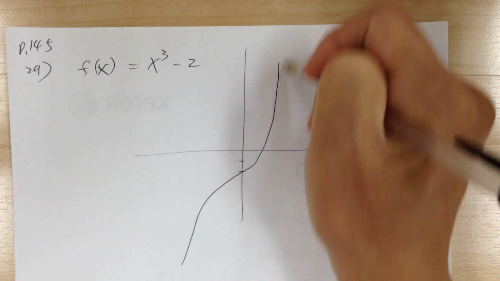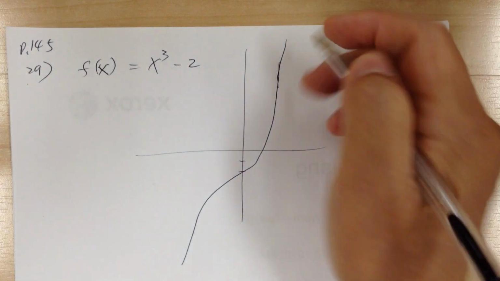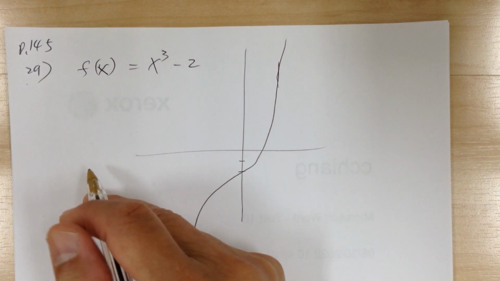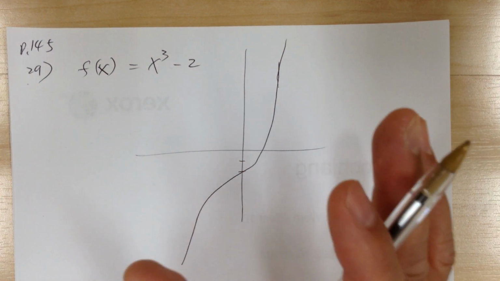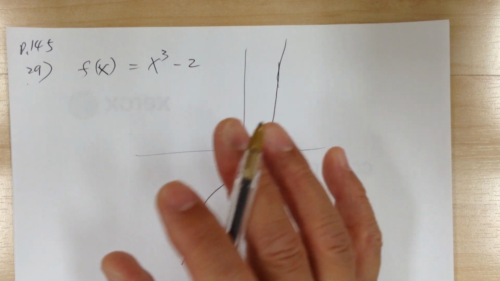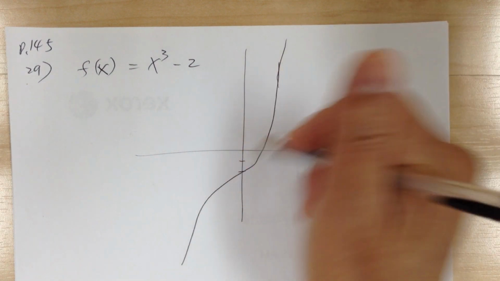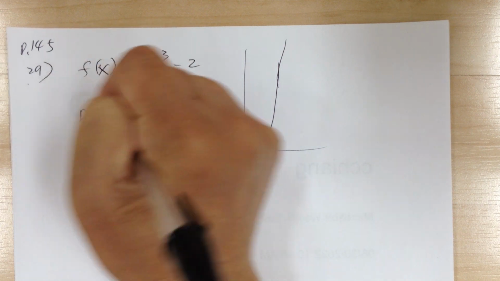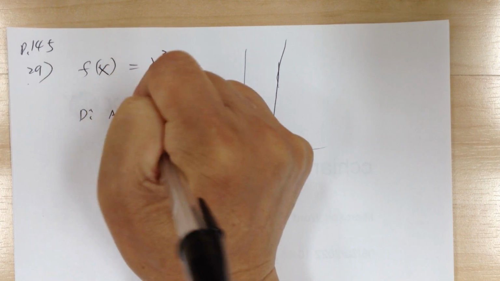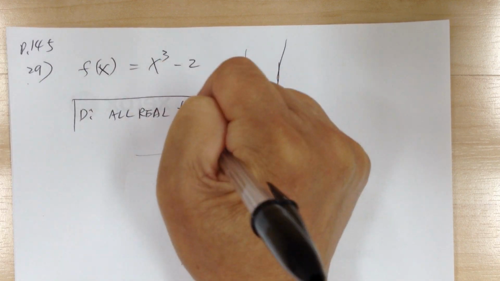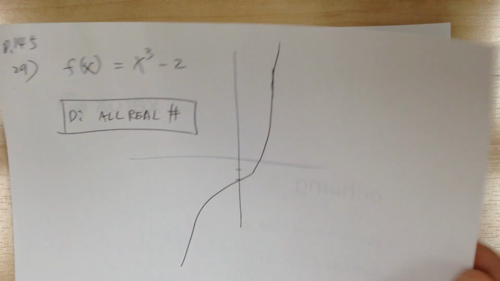So notice there's no restriction. X can go out forever this way. x can go in this way. So again, the domain is the x that you're allowed to have and not allowed to have. In this case, since there's no restriction, the domain would be all real numbers.